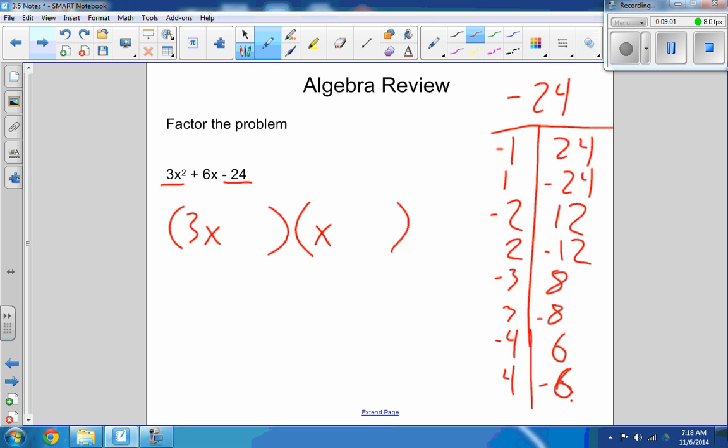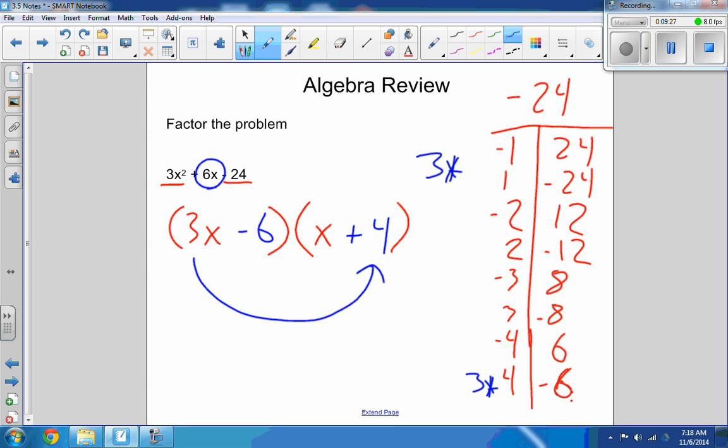So now I've got to consider 3 times one of these plus the other will give me 6. 3 times 4 is 12, minus 6 is 6. So this is going to be a plus 4, minus 6. Again, 3 times 4 is 12, and then I subtract the 6. And that's the end of this lesson.